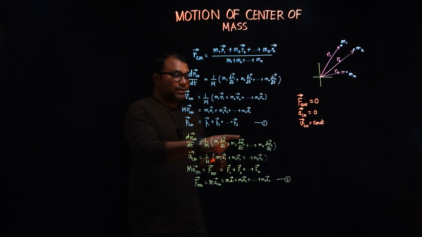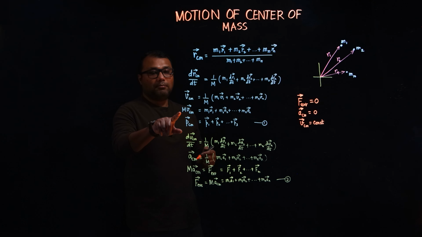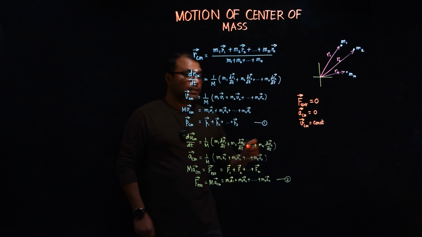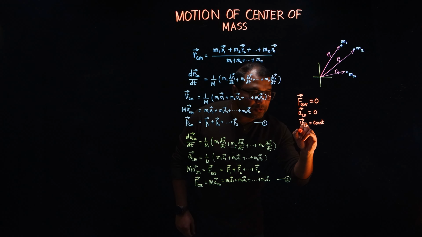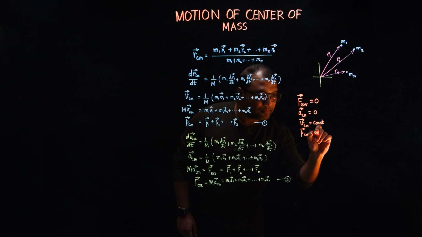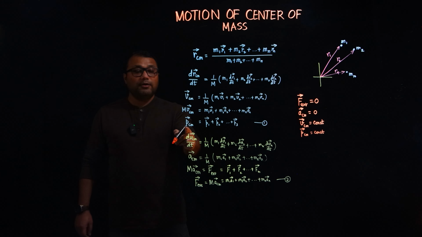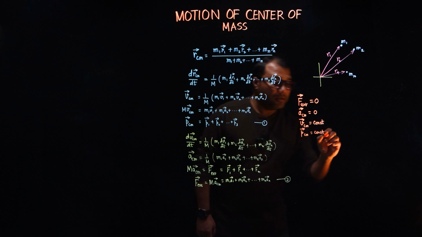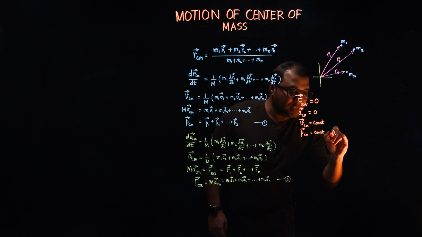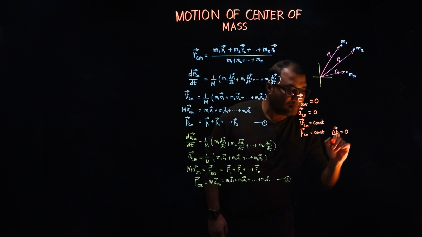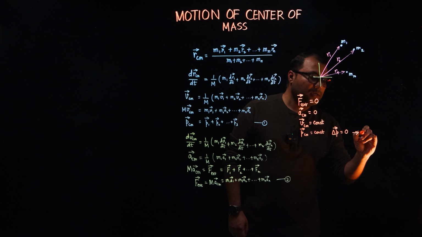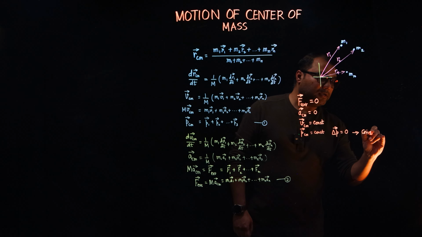Okay. So if Vcm is constant, and mass of the entire system is constant, that also means linear momentum of the center of mass is a constant. So if linear momentum is constant, we can write change in linear momentum is 0. This is nothing but conservation of linear momentum.